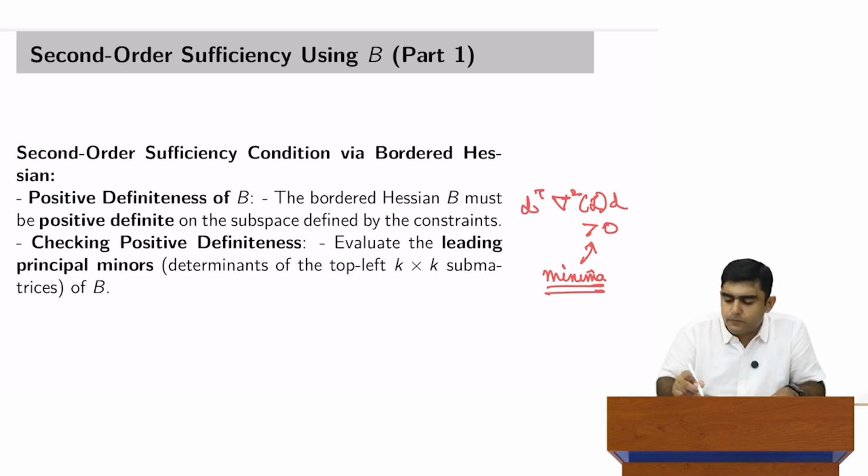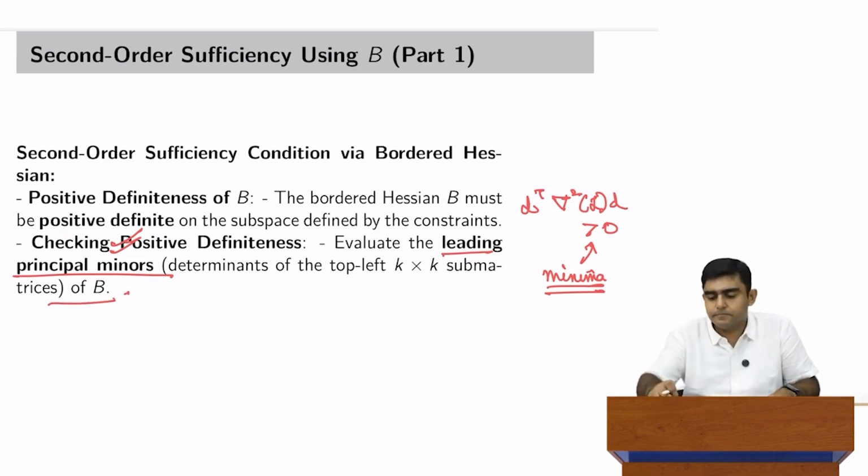But instead of getting into the trap of calculating eigenvalues, we would use a different way to check for positive definiteness of the bordered Hessian matrix in the form of leading principal minors that we will discuss next.